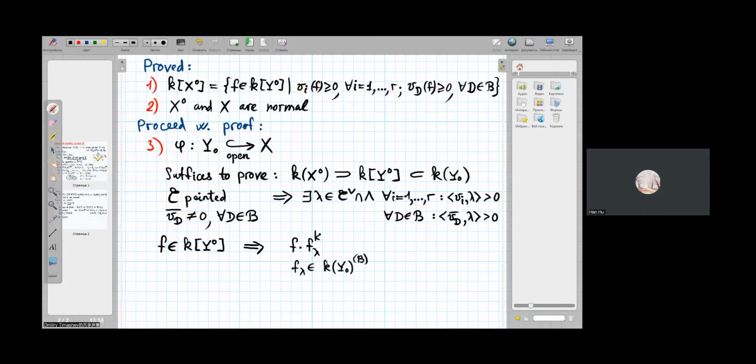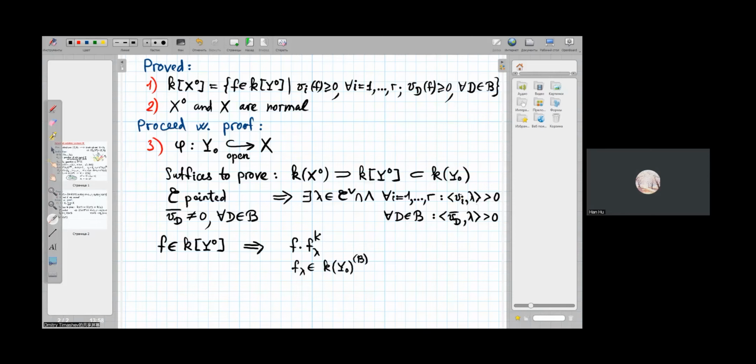The formula which you see here means that this function f lambda has zeros along the divisors D corresponding to colors, and also these valuations take positive value on f lambda.